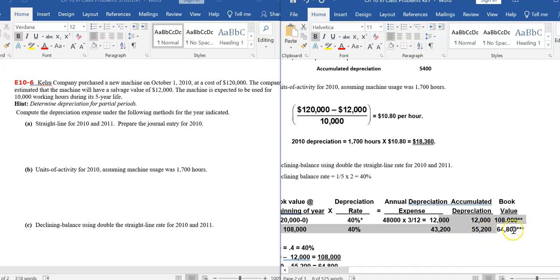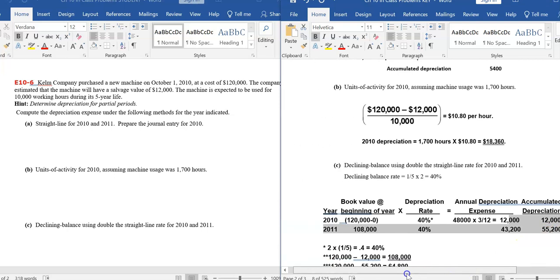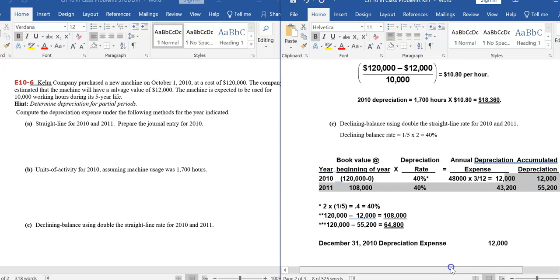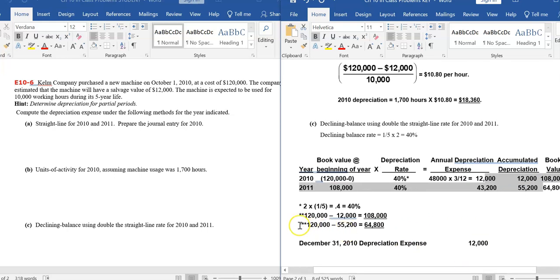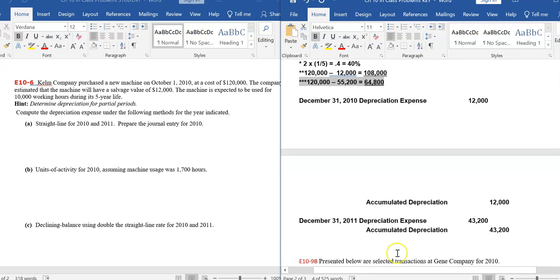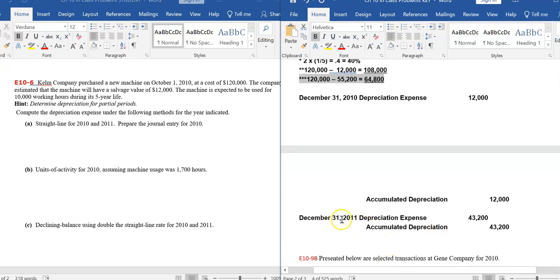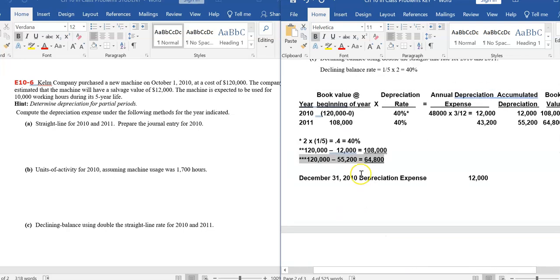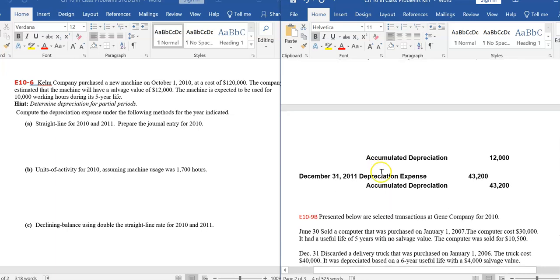What ends up happening to the book value at the end of 2011 is it falls to $64,800, which is the difference between the original cost and its accumulated depreciation, $64,800. Okay, so here are the journal entries for those last two methods down below.